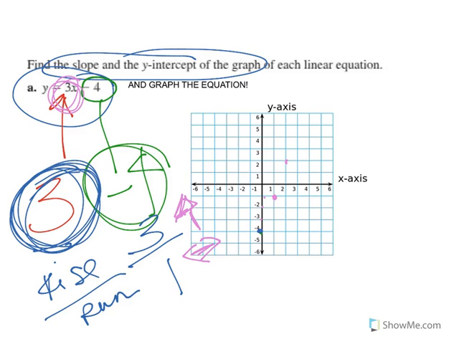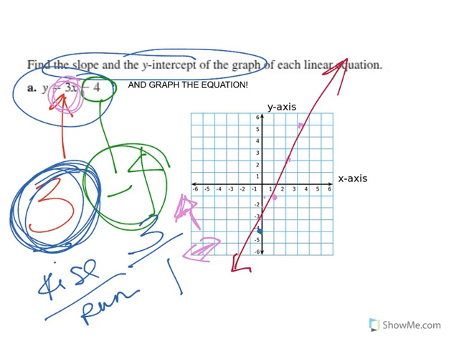One, 2, 3, up, over 1. Okay? And then we can go up again, up 3 and over 1 again. Sorry, my finger's not quite getting where it's supposed to be. And then we have all of these points where we can draw our line. Always put the arrows on your line, please.